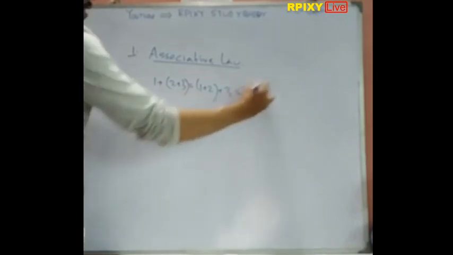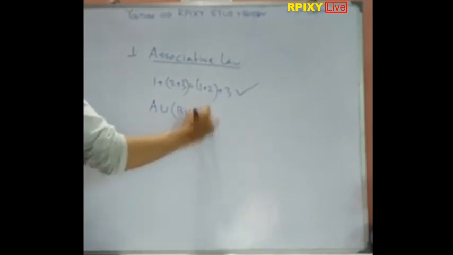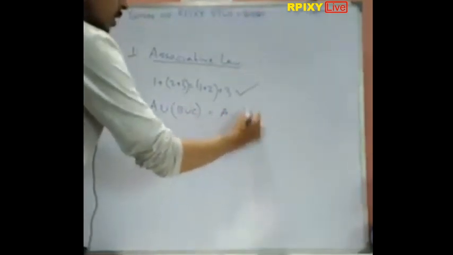This is known as associative law in arithmetic. Similarly, in sets, A union B union C will be equal to A union B union C. This is the associative law in set theory.